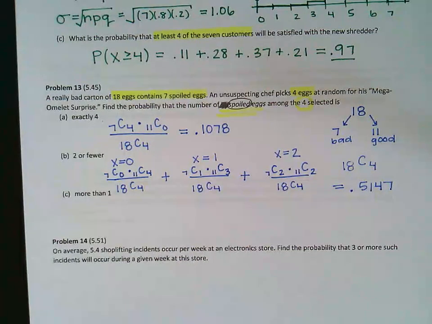All right, part C is now more than 1. So I have 2 options that I can do for more than 1. I could do 2, 3, and 4, which is the option that I think I'm gonna go with, or I could do 0 and 1 and then just go from there, right?